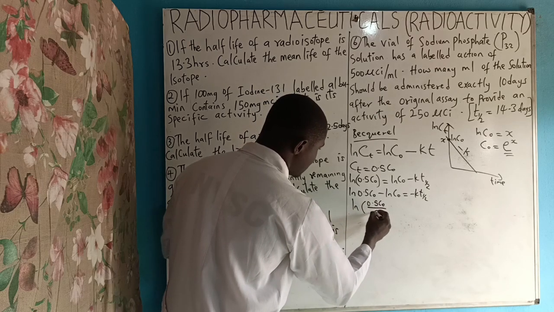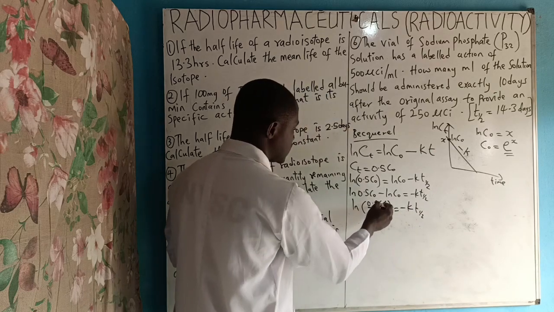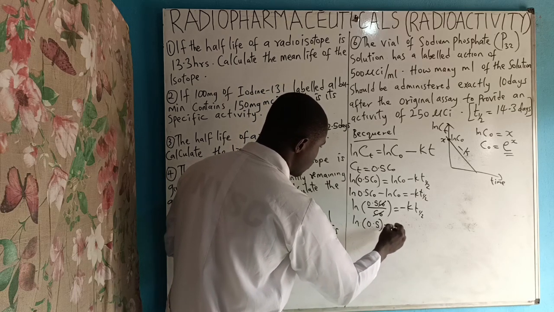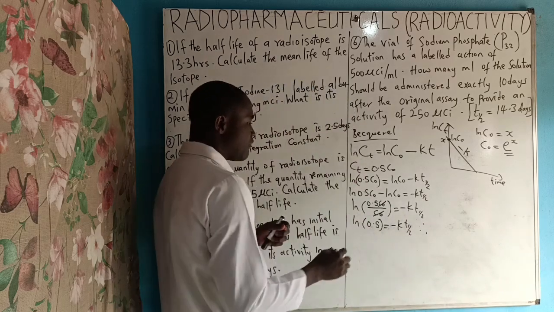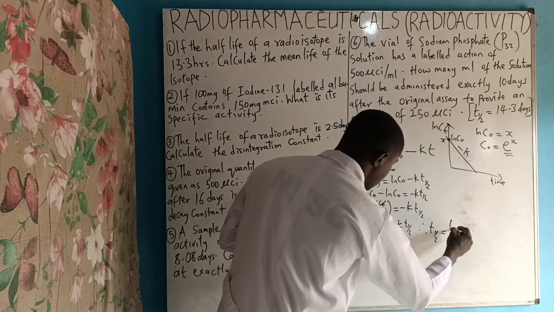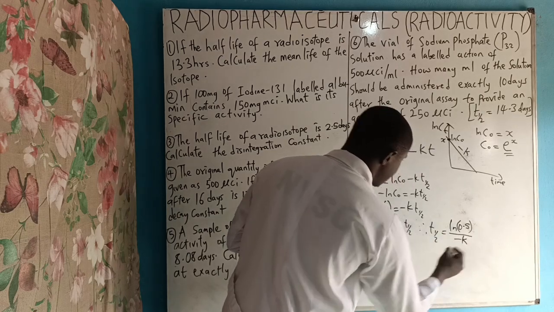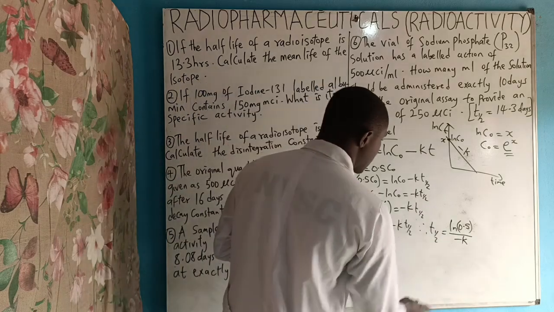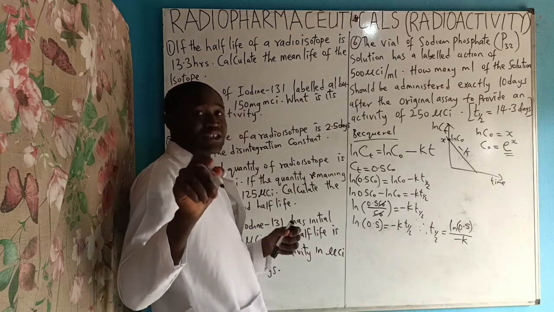0.5 C0 over C0 equals minus KT half. This will cancel this. ln 0.5 is equal to minus KT half. Therefore, the half-life will be equal to ln 0.5 all over minus K. Now, if you press it in your calculator, ln 0.5 will give you minus 0.693.